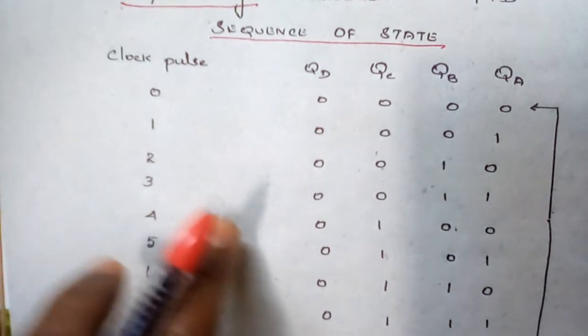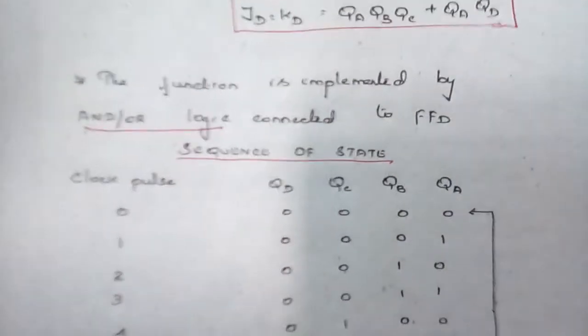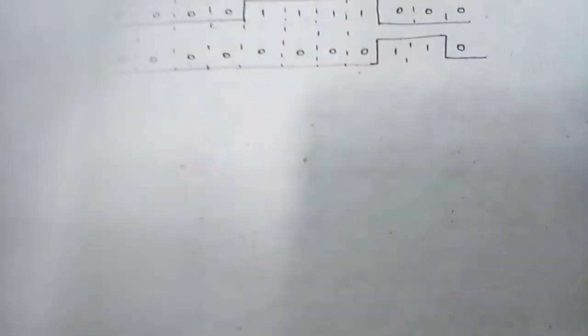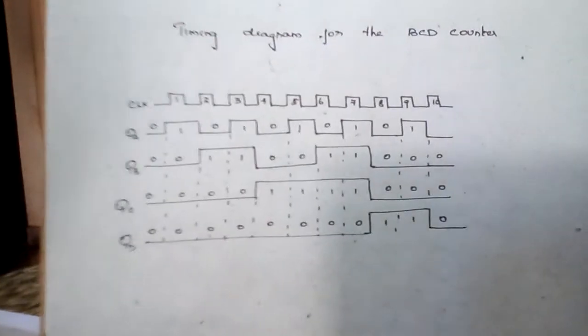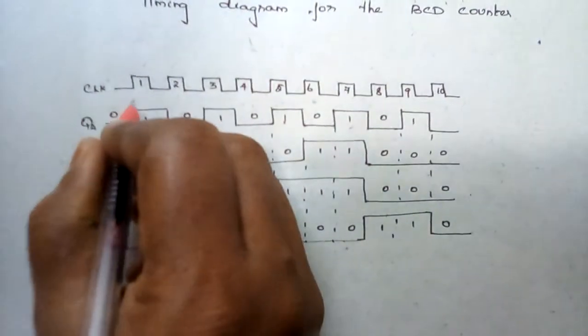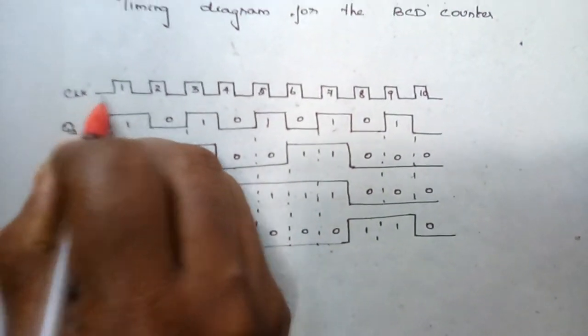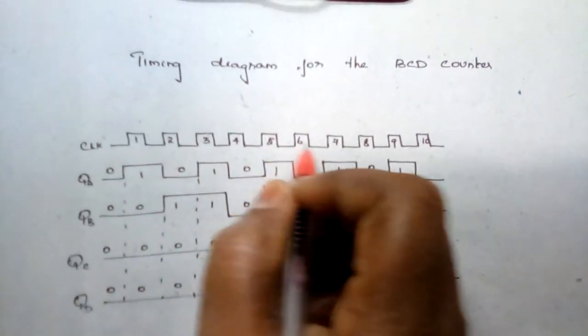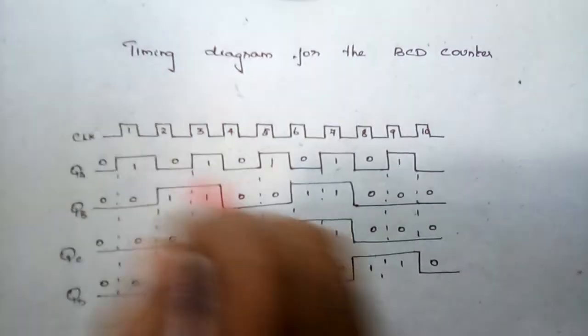Okay. So this is made by the operation having the flip-flop inputs J and K high. When the flip-flop input is high, it toggles to the next state depending upon the clock pulse. This is given by means of the timing diagram. In the timing diagram, this is the clock pulse which we have taken, right? So the pulses 1, 2, 3, 4, 5, 6, 7, 8, 9, 10 are the pulses to be counted.